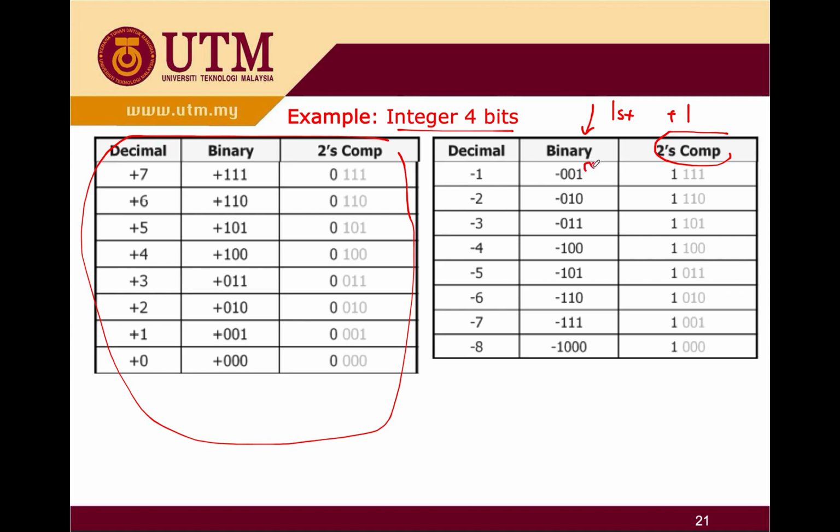So you convert it, you will get 0 1 1 for the first complement. And then from here, this is the first complement, because you change 0 to 1, 1 to 0, 0 to 1. So you get first complement 1 1 0.